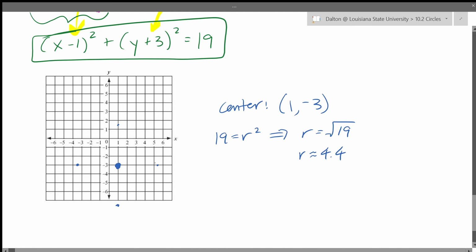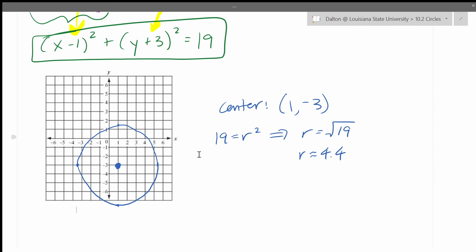So think about connecting one point, going to the top, stopping there, and then do the bottom semicircle. Sometimes it didn't work out as great, but sometimes that's better than trying to do the whole circle in one motion. So there's that circle going from general form to standard form.